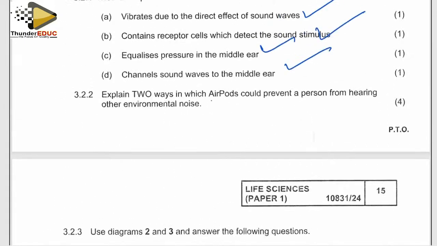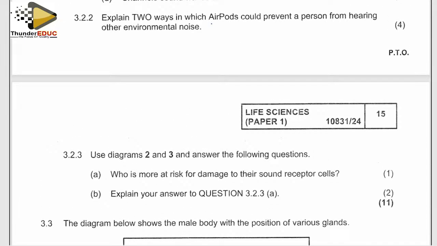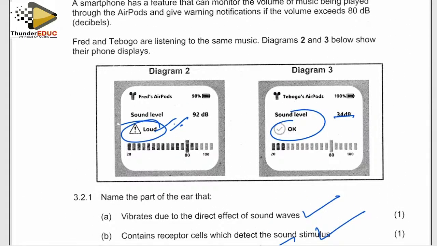Then number 2, explain your answer. Why do you think that number 2, this one? First of all, the sound is too much, so it hits the tympanic membrane with a great force, which means the vibration is going to be higher.